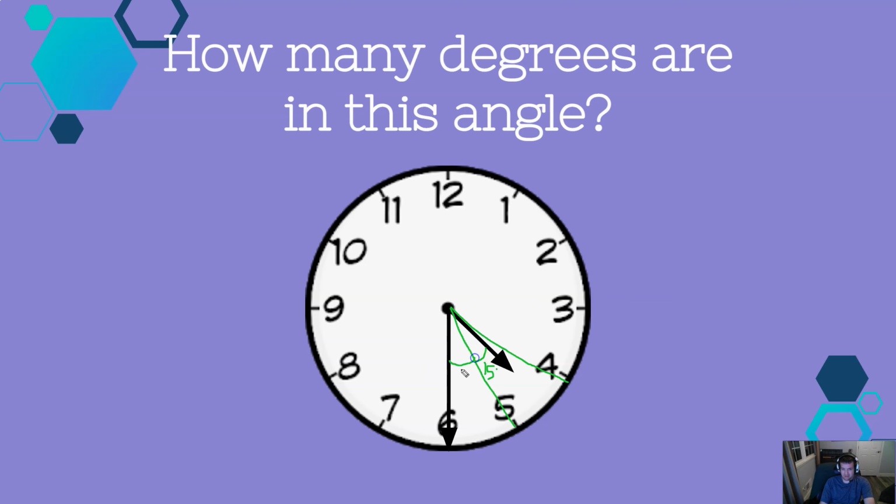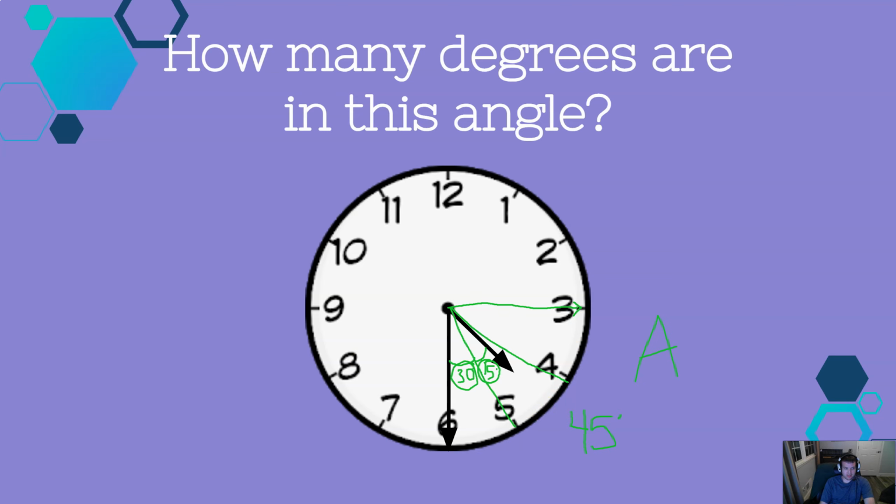And then here we would have 30 degrees because it's going from 5 to 6. Do you see that that is 30 degrees plus 15 degrees, which is 45 degrees? As you know, this is an acute angle measurement. And if it's truly 45 degrees, remember that that is half of 90 degrees.